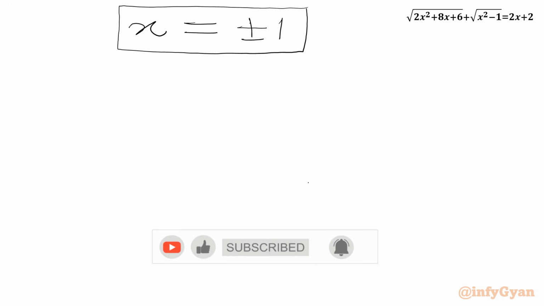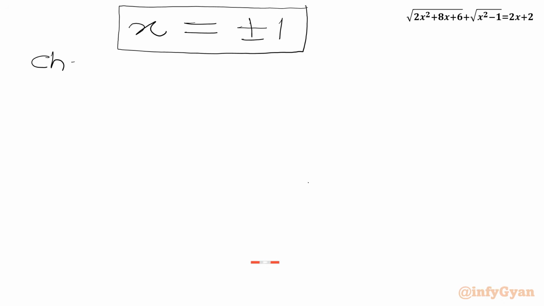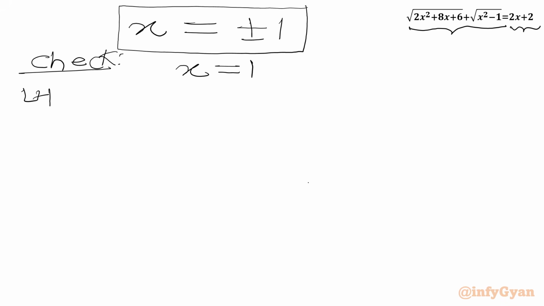Now we can verify our solutions. So I will write here check. Let's begin with x equal to plus 1. Here we have LHS and here we have RHS. So I will write LHS first. x equal to 1.